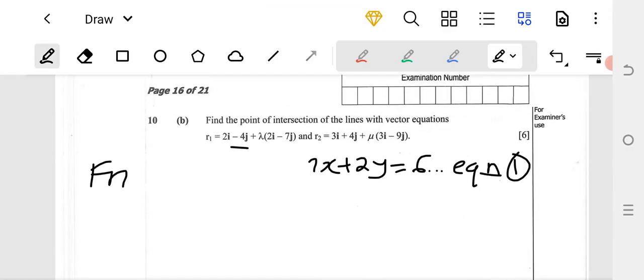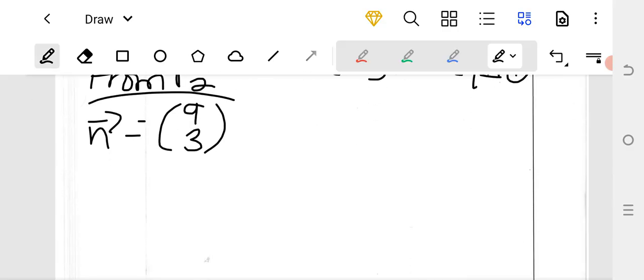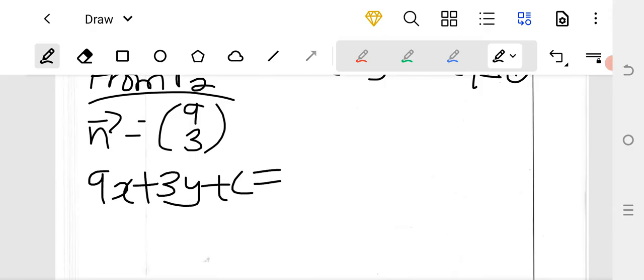We'll say from R2, the normal vector n is positive 9 and positive 3. So 9x plus 3y plus c should give you 0.